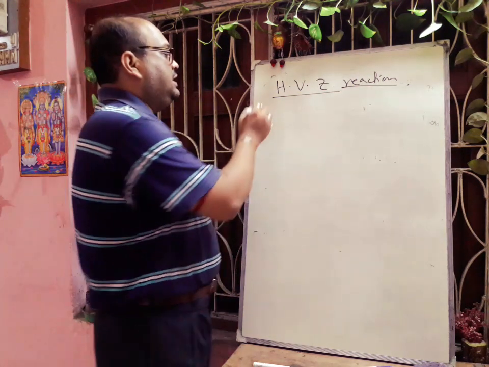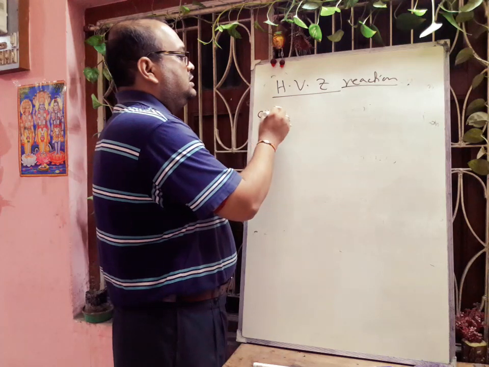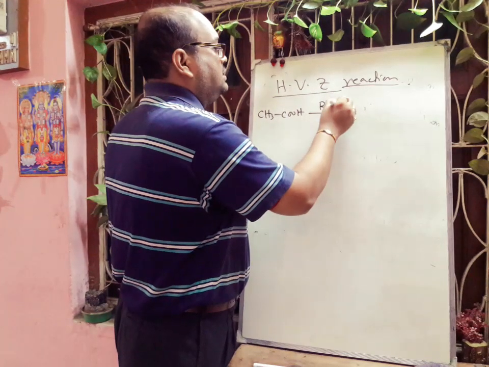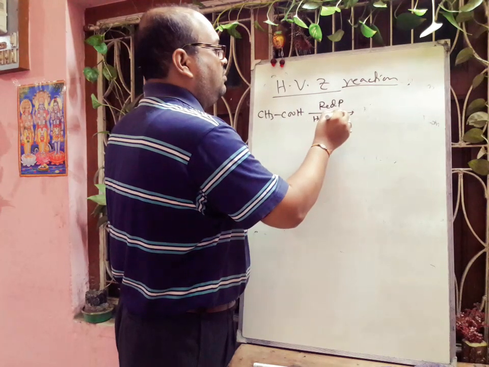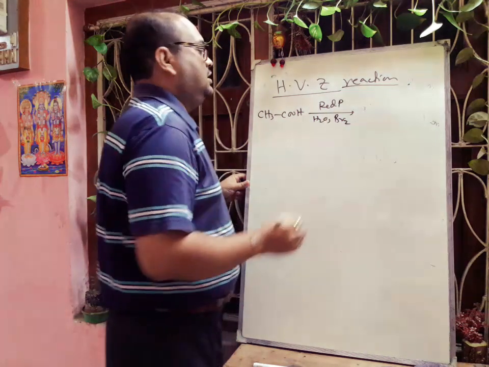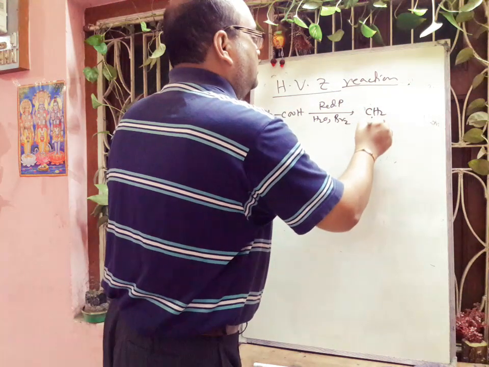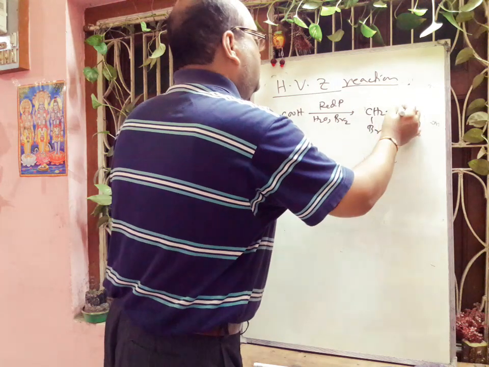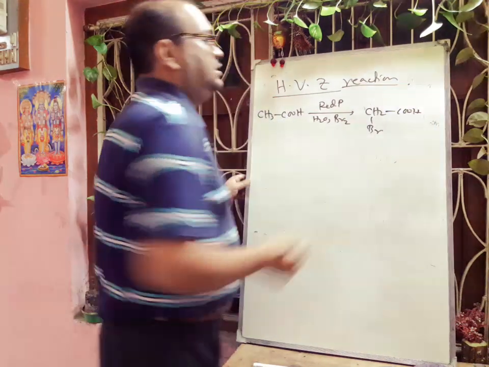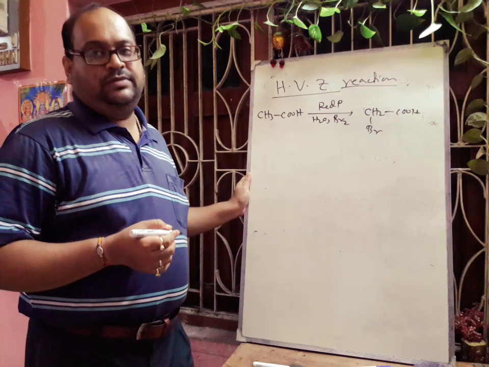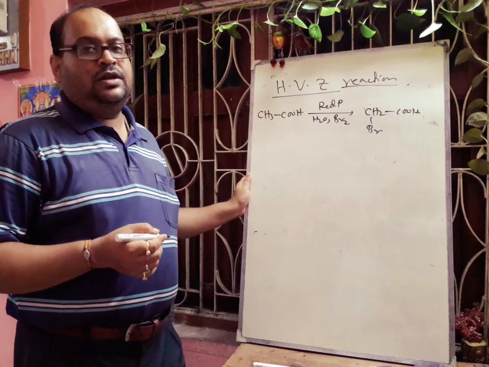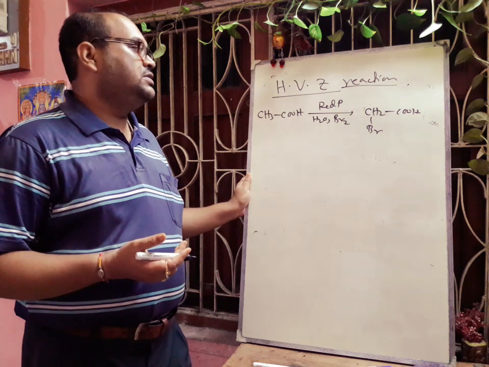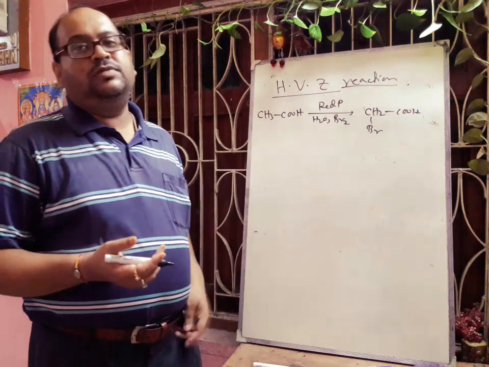So if we take CH3COOH and give red phosphorus, water and bromine, we get this compound. We have used 1 mole of bromine, so one alpha hydrogen is replaced by bromine. If we give more red phosphorus and bromine, the other hydrogens will also be replaced.